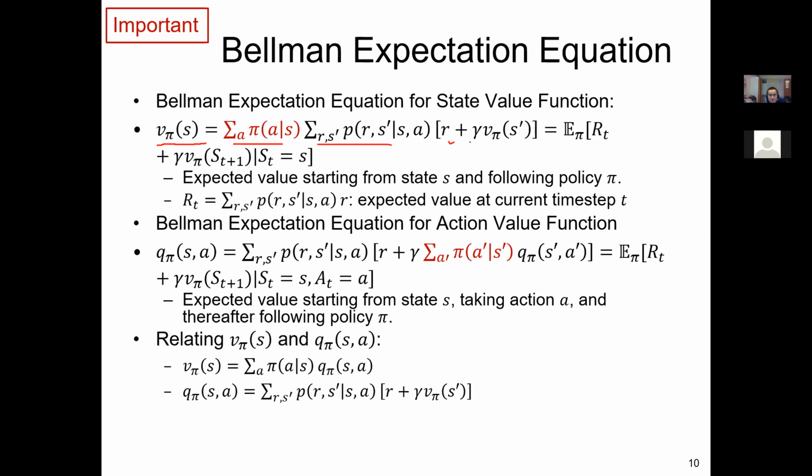So it's expectation over policy pi, given fixed policy pi, a big RT, which is defined as expected value at current time step t. Typically for simple grid-like problems, small games, for each state we associate a reward.